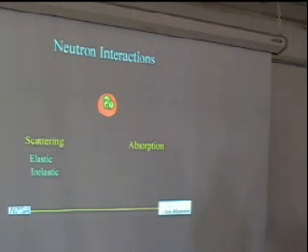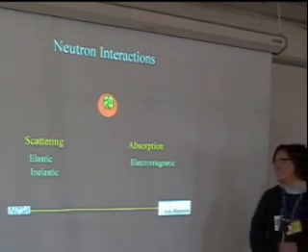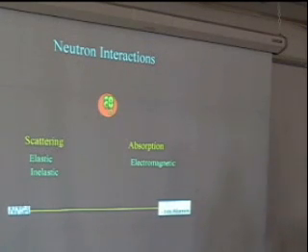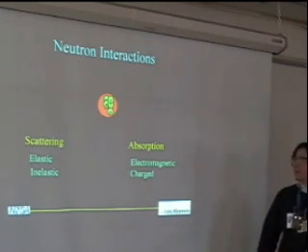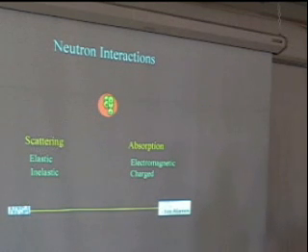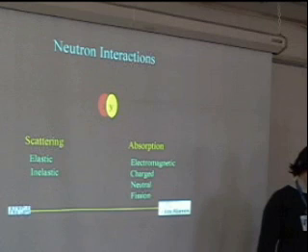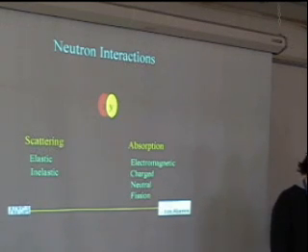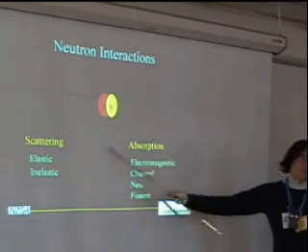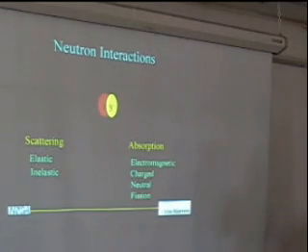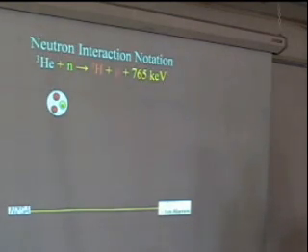That something could be a gamma, electromagnetic. It could be a charged particle like a proton or an alpha, or a neutron. Or it could be multiple neutrons, or it could be a fission, where you get a couple of fission fragments out and a whole bunch of neutrons.